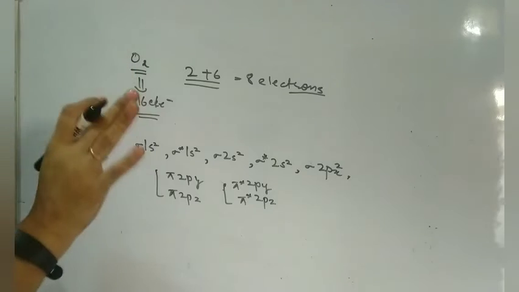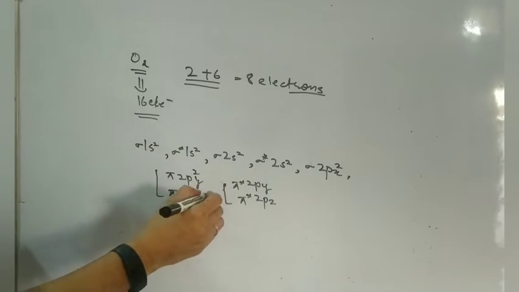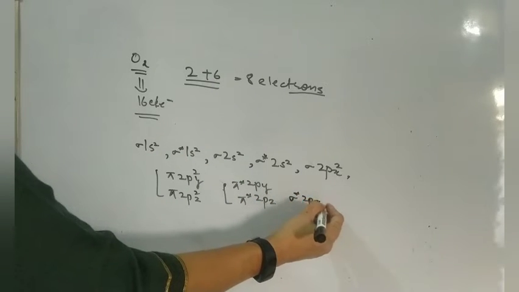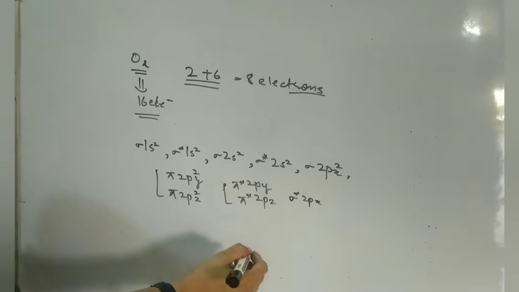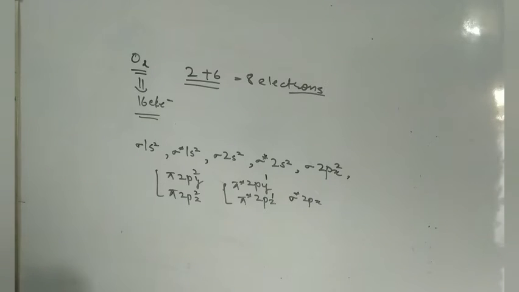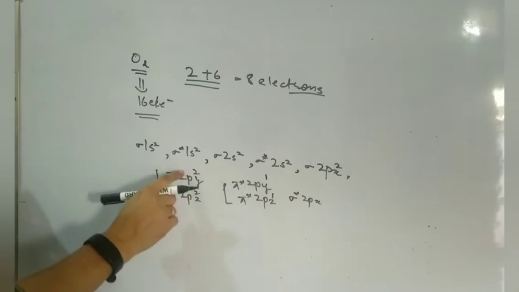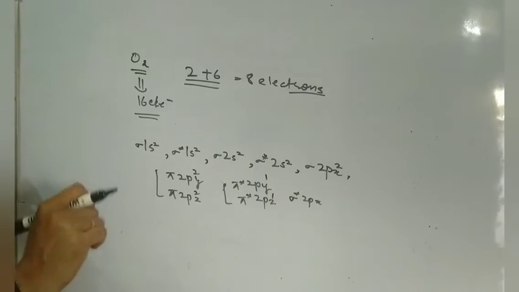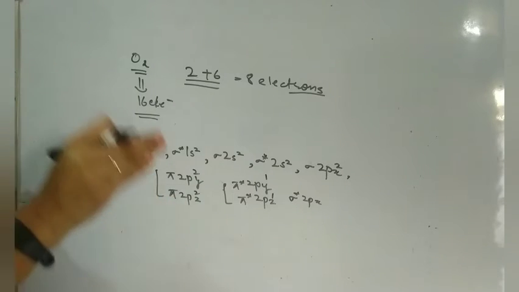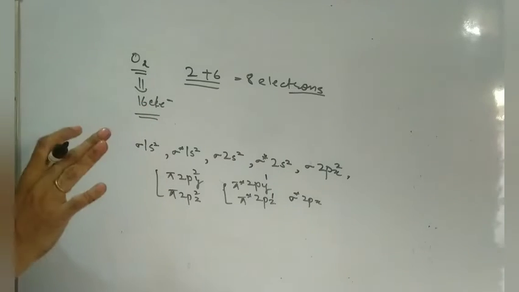We have 16 electrons here, so 2 will go here, 2 will go here, and sigma star 2px is left, so we'll have 1 1. 2, 4, 6, 8, 10, 11, 12, 13, 14, 15 and 16, total 16 electrons. Pairing of electrons will not take place until each orbital is singly occupied. That rule is followed here.